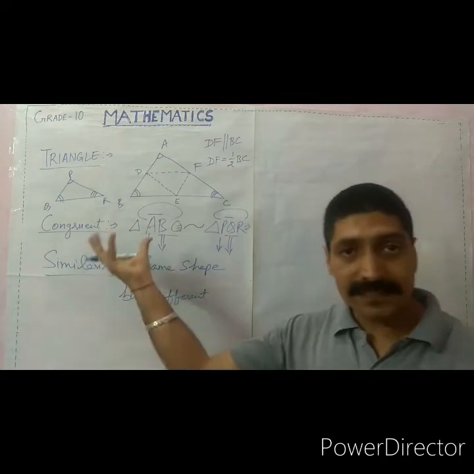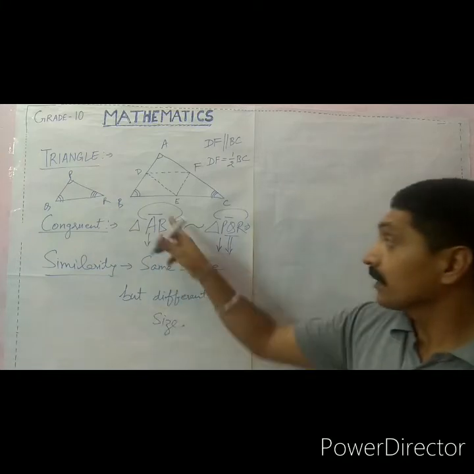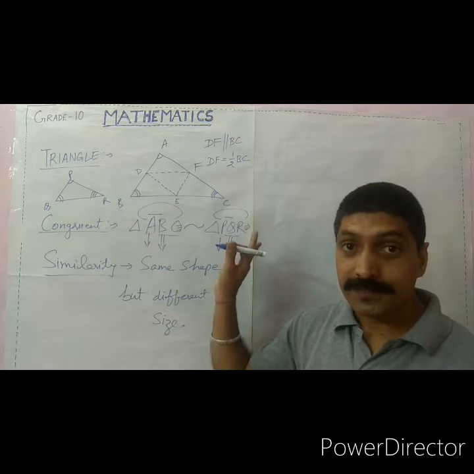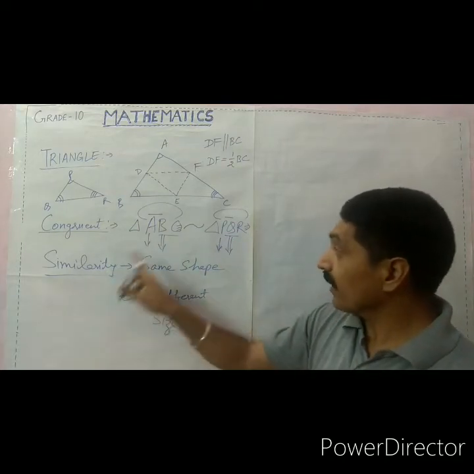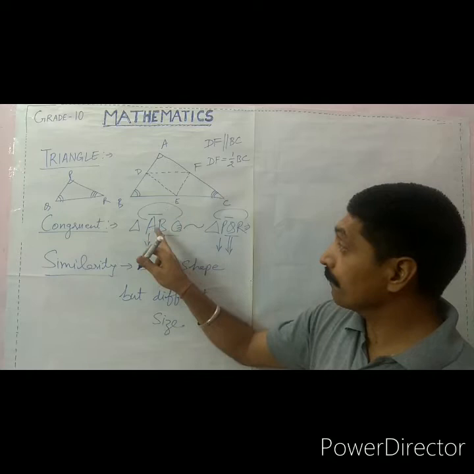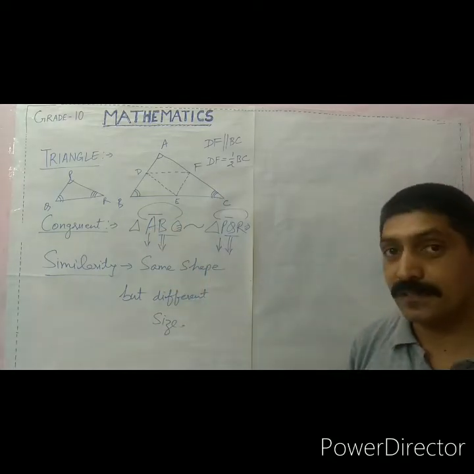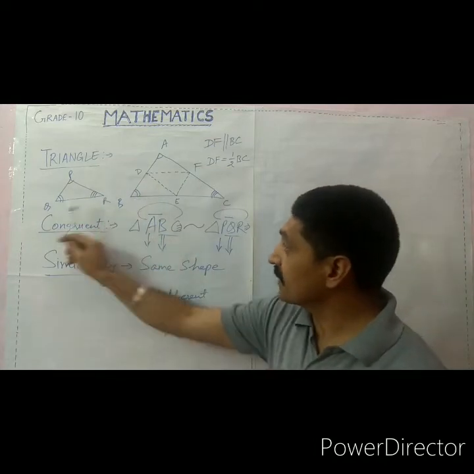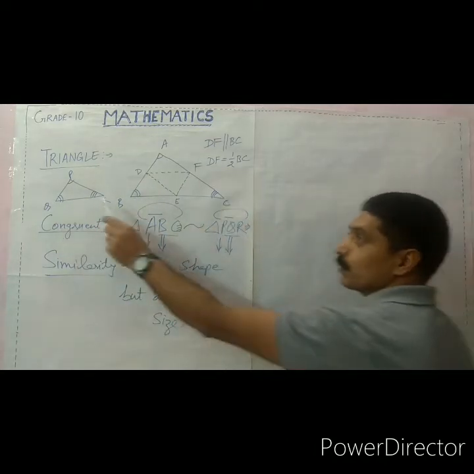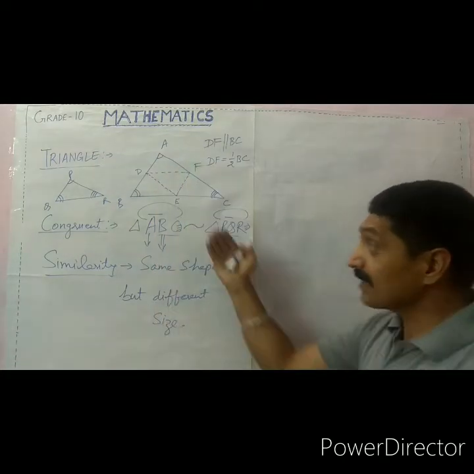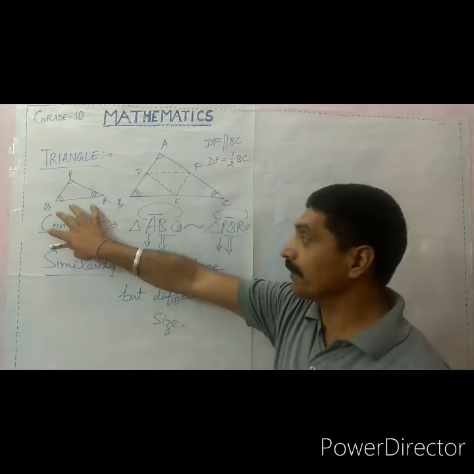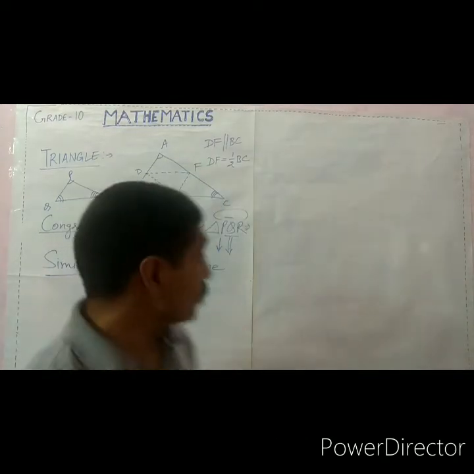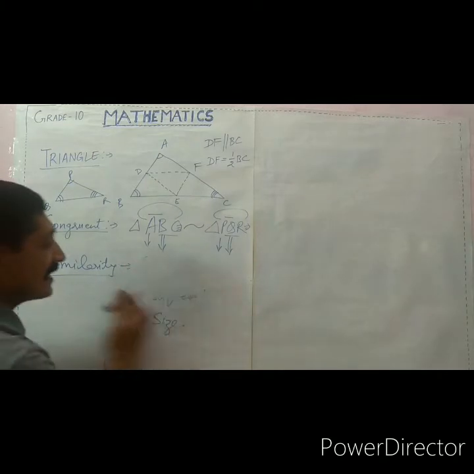So again we have six things: three corresponding sides and three corresponding angles. In similarity, we have the ratio of these corresponding sides. Angles are equal: angle A is equal to P, B is equal to Q, and angle C is equal to angle R. But about the sides, in congruent figures we have corresponding sides equal, but here the ratio of the corresponding sides is the same.